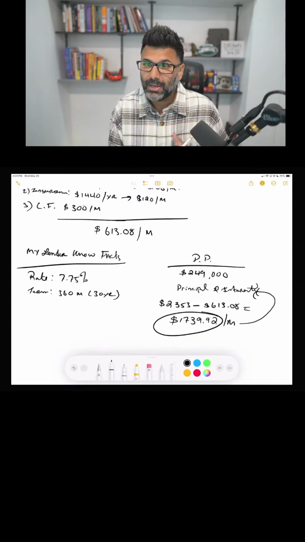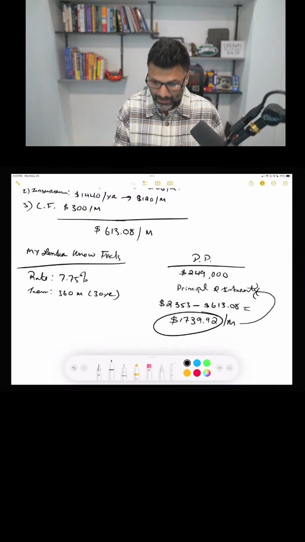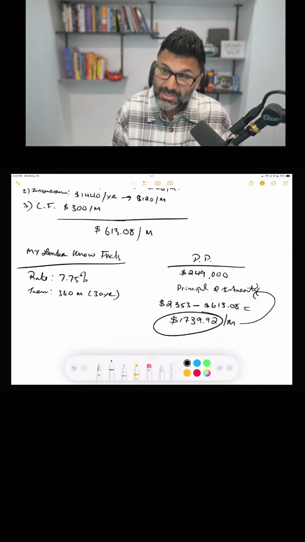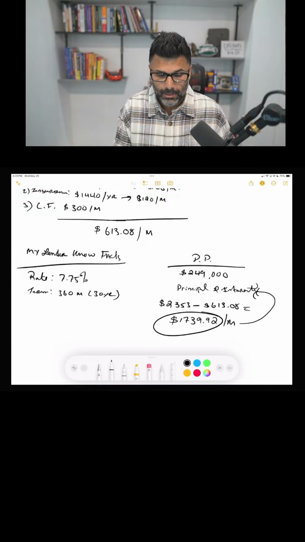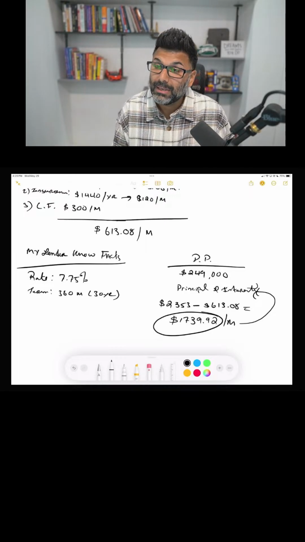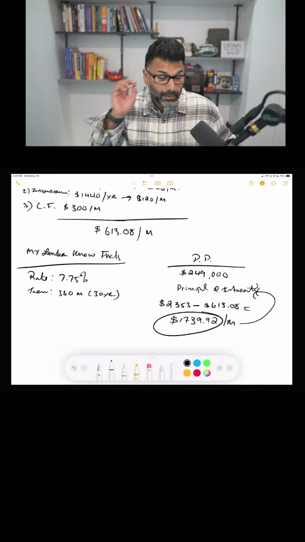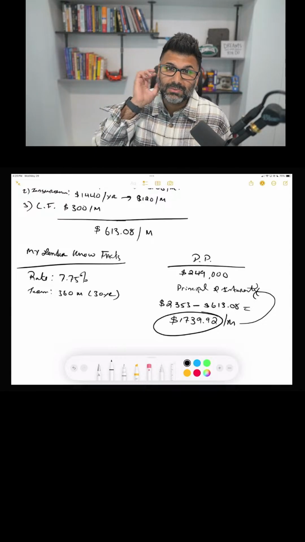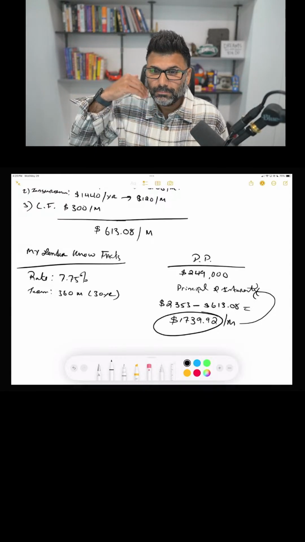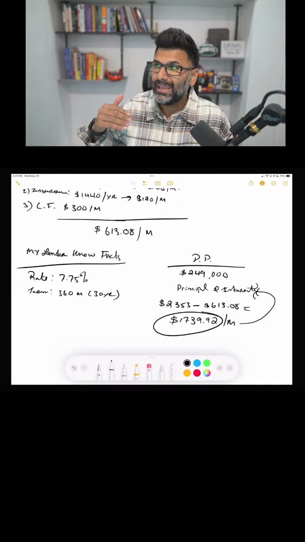So we already went through that process, right? This is how you evaluate and underwrite deals to see if they're going to fit your buy bucket. It's not complicated. This removes the guesswork in what do I offer.